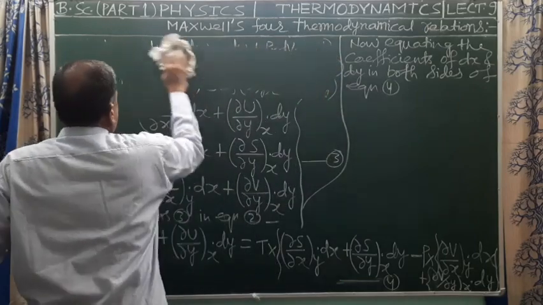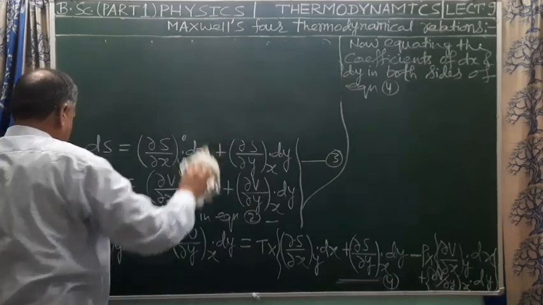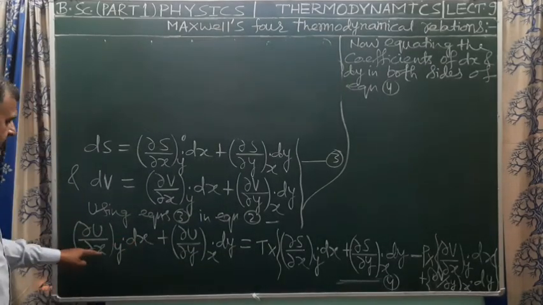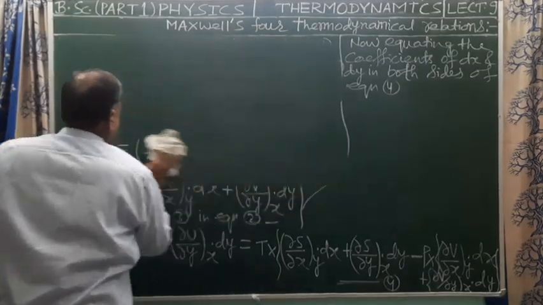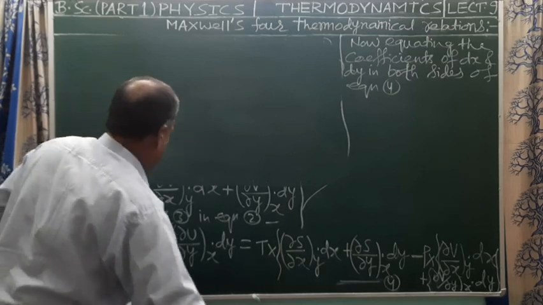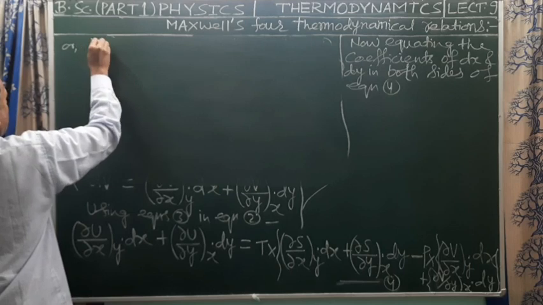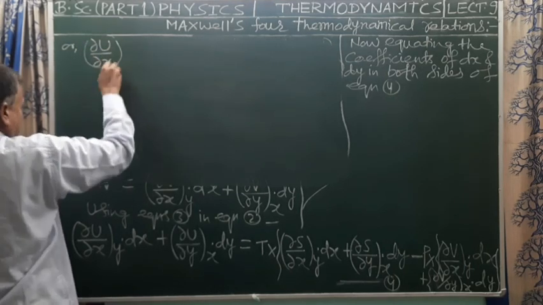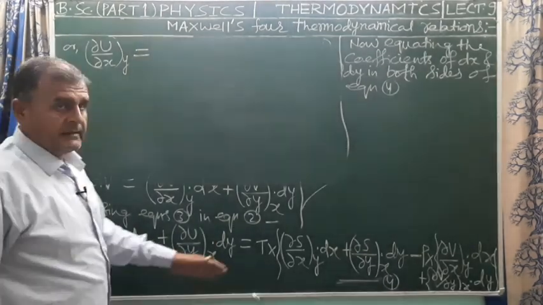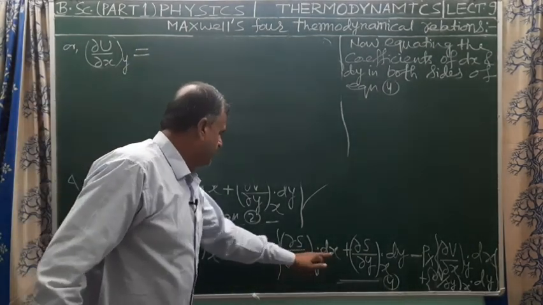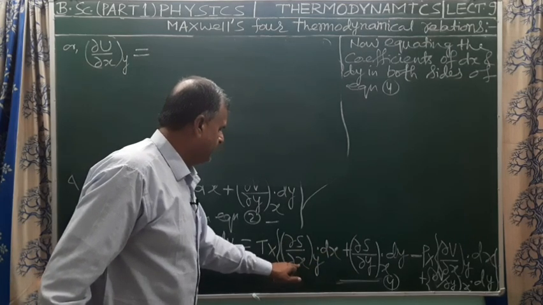In the LHS, the coefficient of dx is del u upon del x at constant y. So in the LHS we can write del u upon del x at constant y, and it is equal to, in the RHS, the coefficient of dx in the first term, in the first bracket, is T into del s upon del x at constant y.